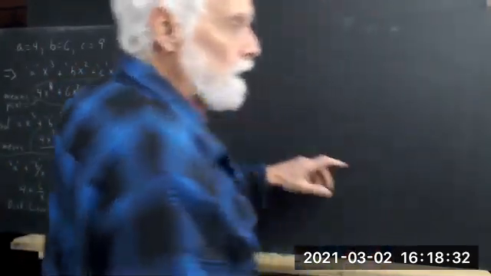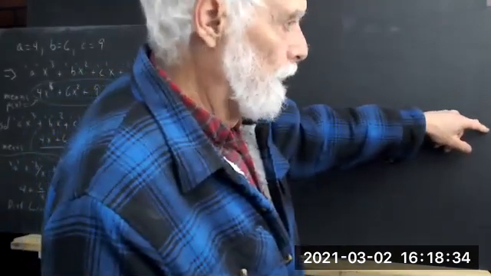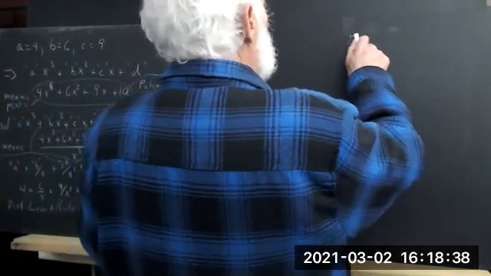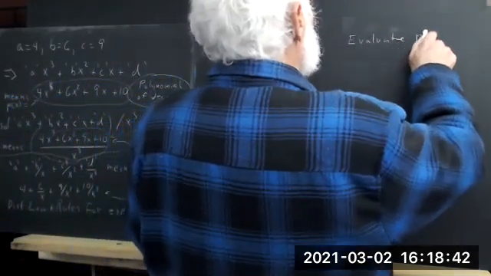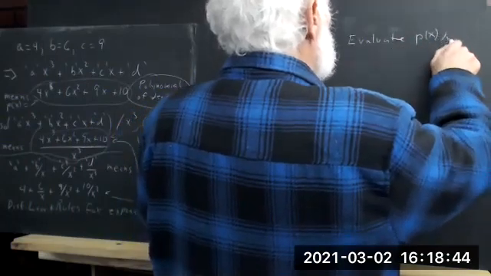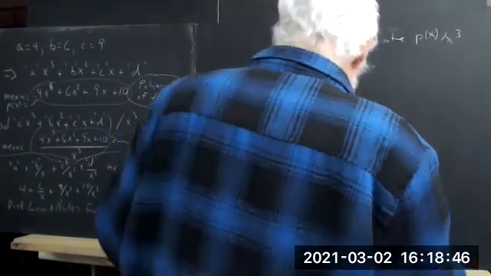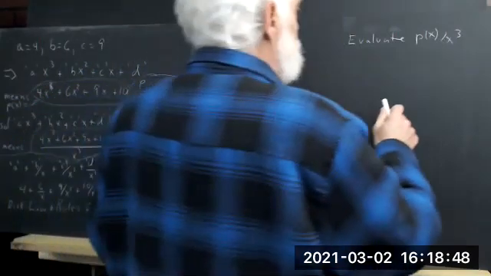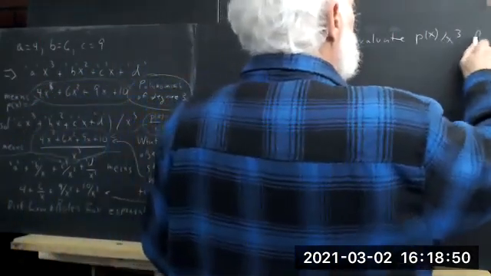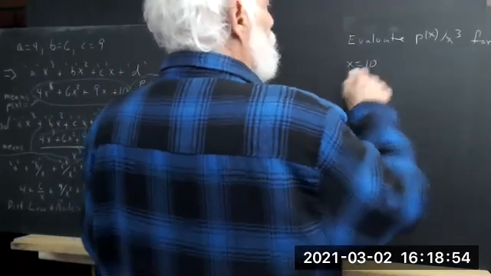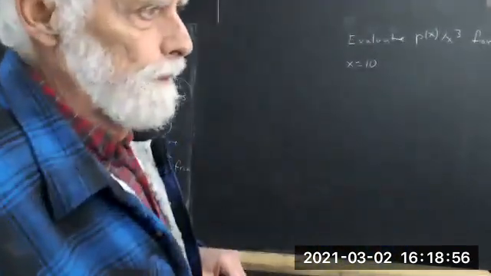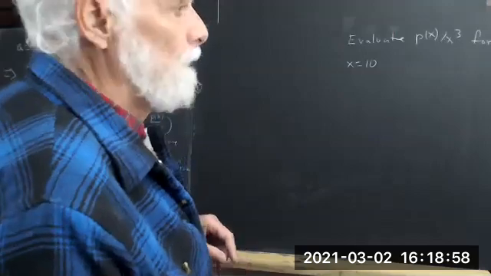I think I'll do it like so, and we can come over this far. I can handle that. So evaluate P of X over X cubed for X equals 10.